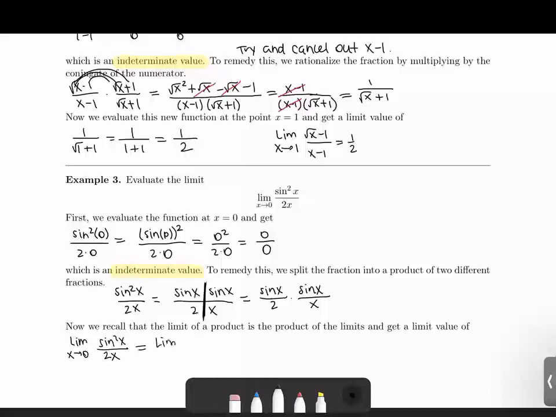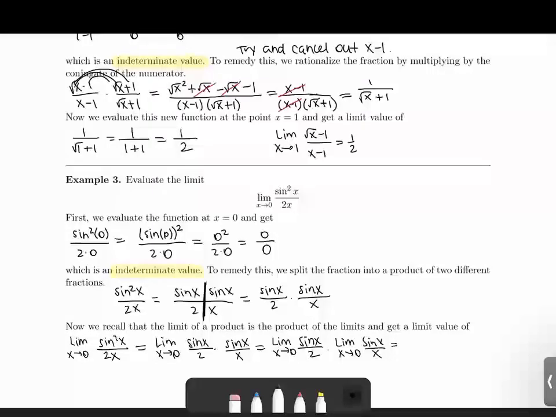Remember that if we can split the function we're taking a limit of into a product of two different things, we can apply the limit to each of them individually. First I'm going to take the limit of sine of x over 2. Then I'm going to multiply and take the limit of sine of x over x.